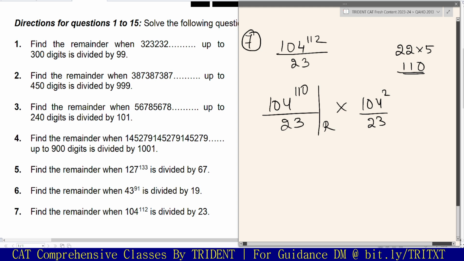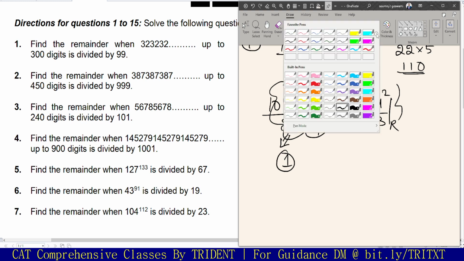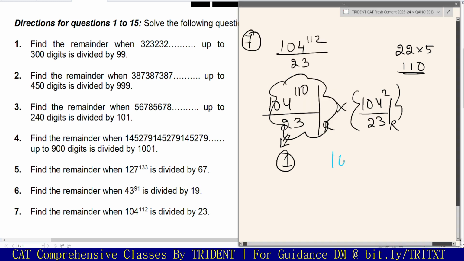Is there any better way to do this? Well, this part is 1 by Fermat's little remainder theorem. This part, the remainder is 1 multiplied by the remainder of this part. Let me see if I have a better method to find the remainder of 104 squared.